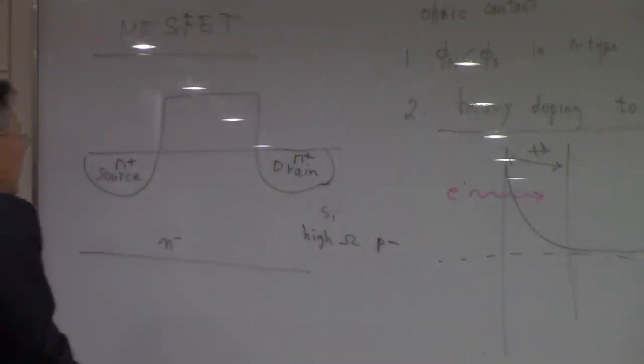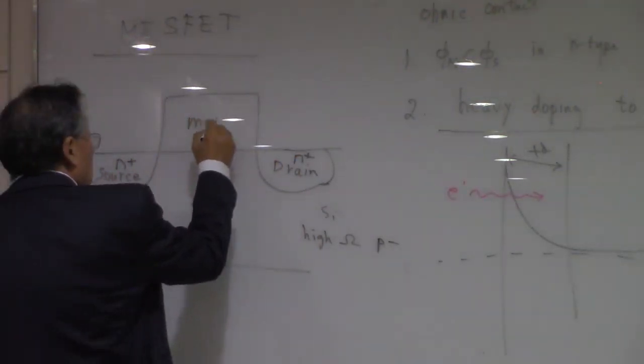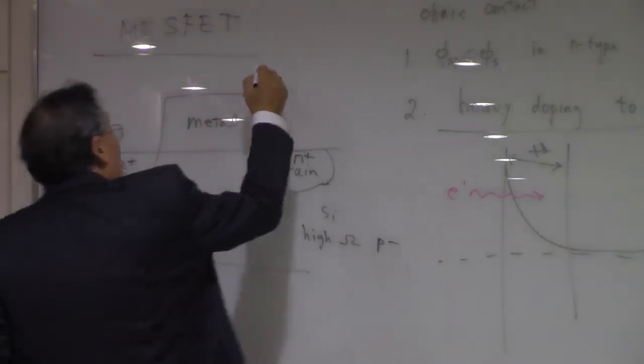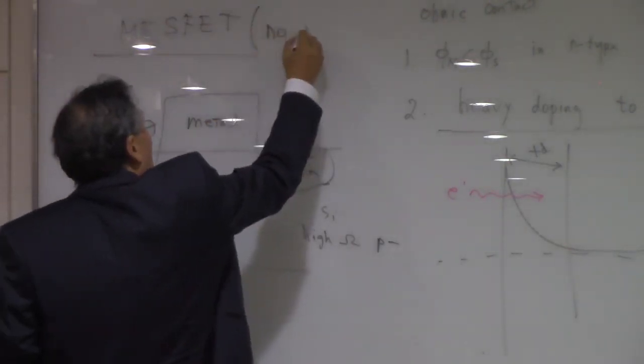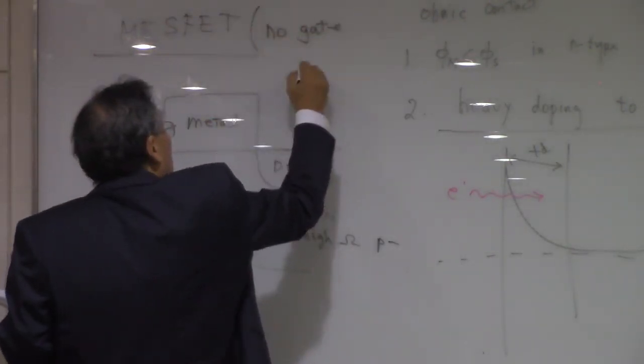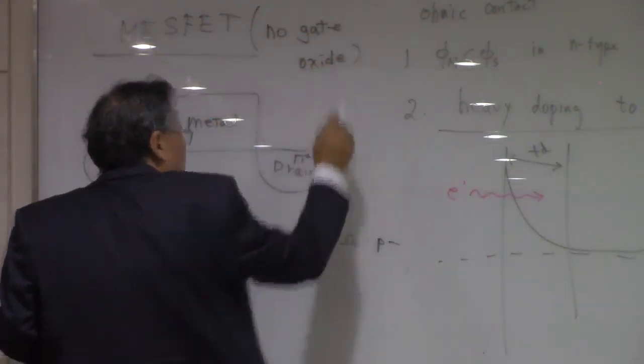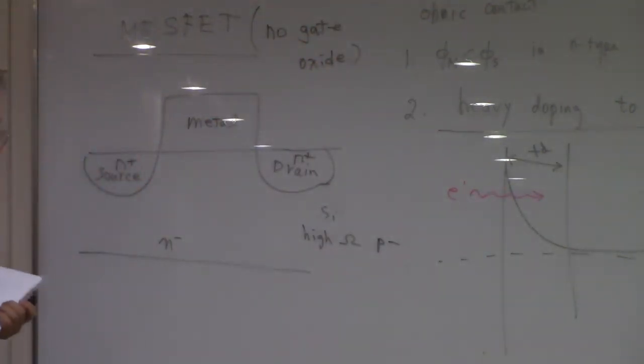Okay, and then this is just metal. The important thing here is no gate oxide. That is a difference from all normal MOS transistors.